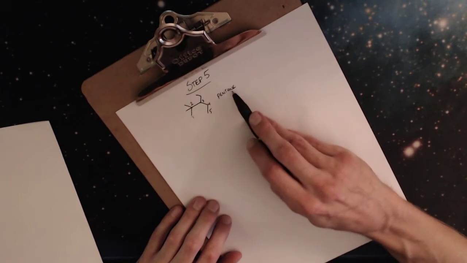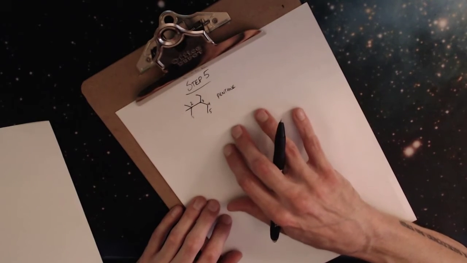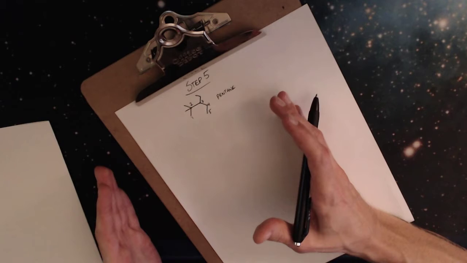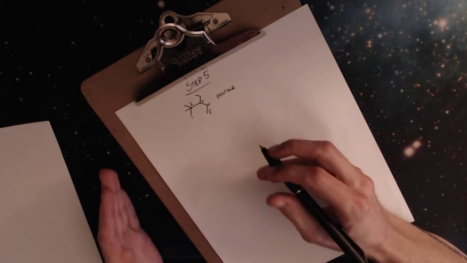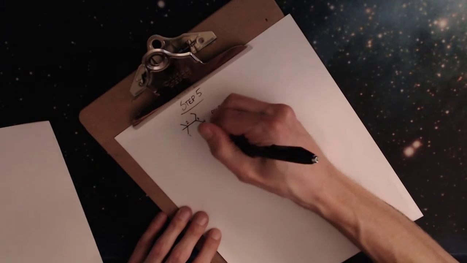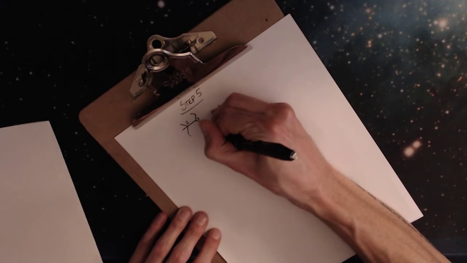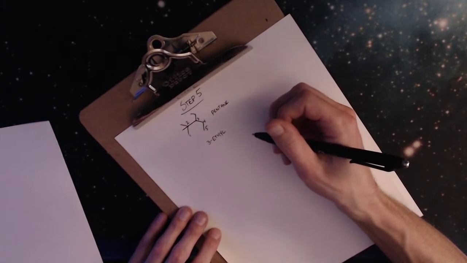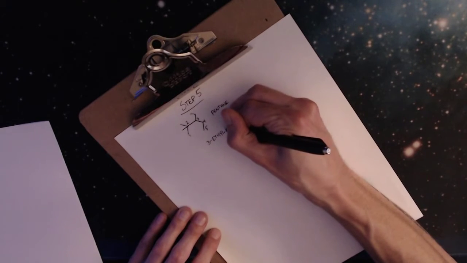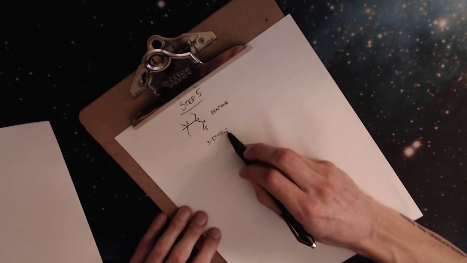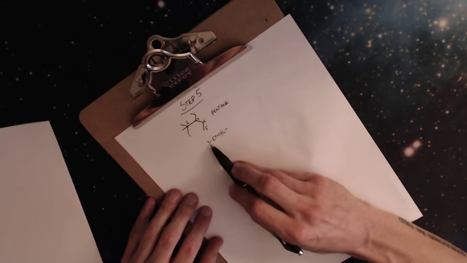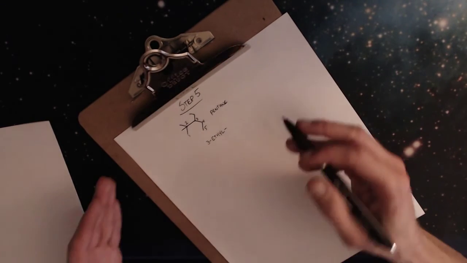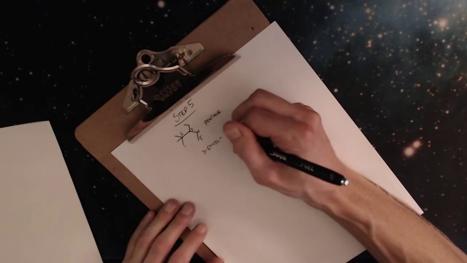That's going to be the name of this molecule, but how are we going to put that together? Do we do numbers first, or do we do letters first? Step 5 tells us we're going to do it alphabetically, so the first thing that we need to write is our 3-ethyl, because E comes before M. And next, we need to also remember to put a dash in between separate groups, just as we put a dash in between numbers and groups, so that we understand that these are different things and we don't mix things up.